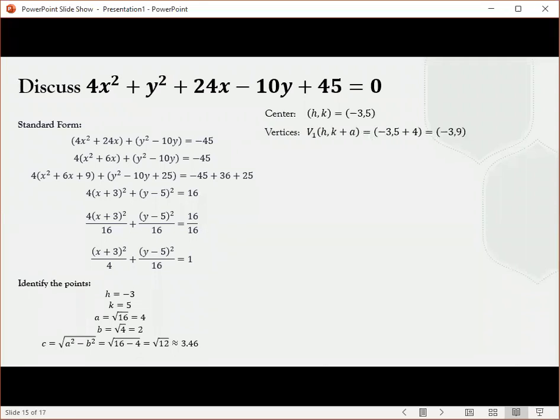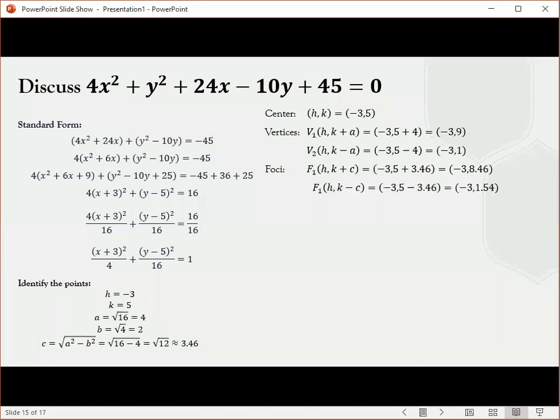Next, you have here our vertices, -3 and 9. We also have -3 and 1. The foci, we have -3 and 8.46, -3 and 1.54. Co-vertices, -1 and 5, -5 and 5.